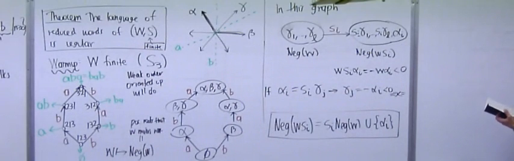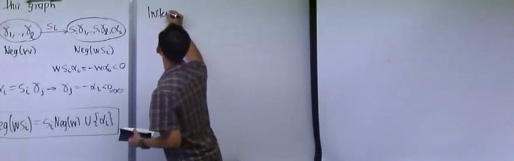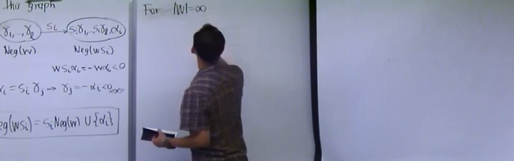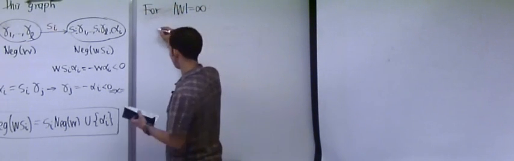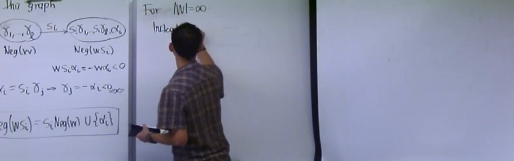So let me go ahead and do this. So now for W infinite, we're going to instead do the same thing. But now instead of considering all the positive roots, I'm only going to consider the small roots.